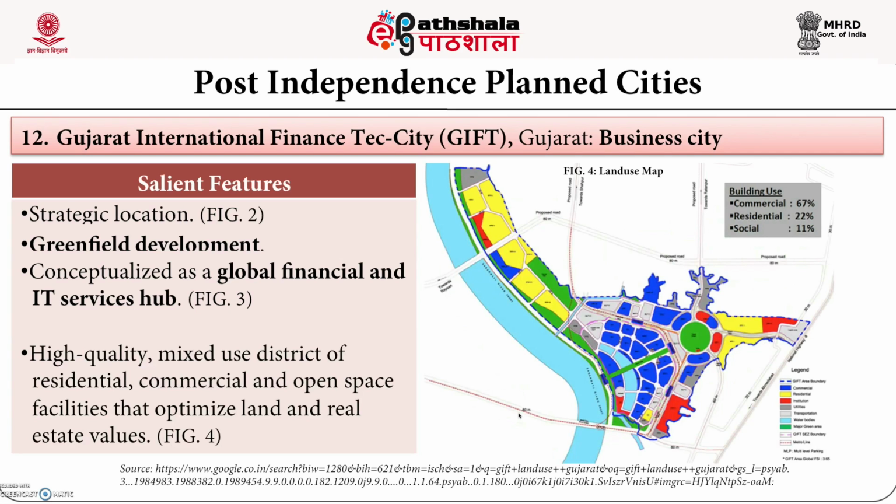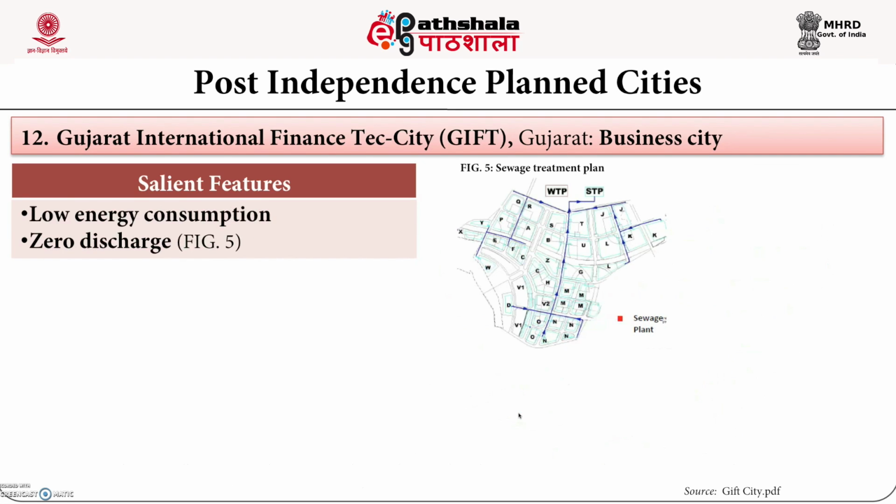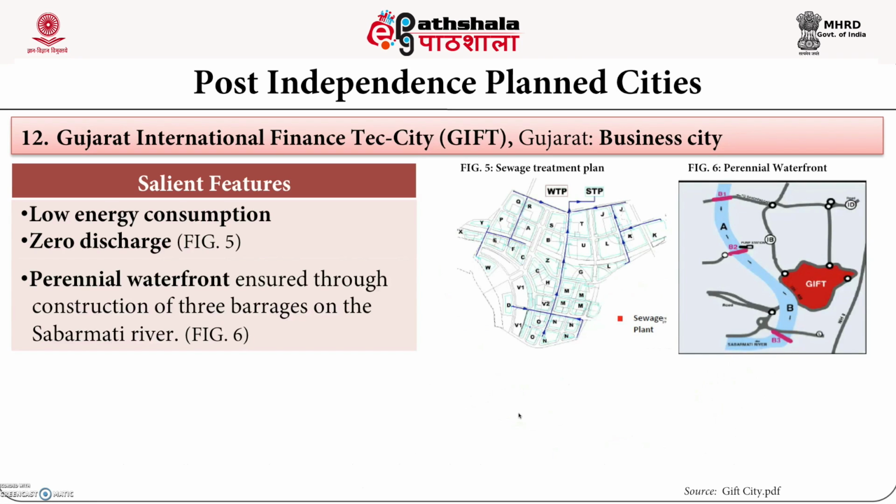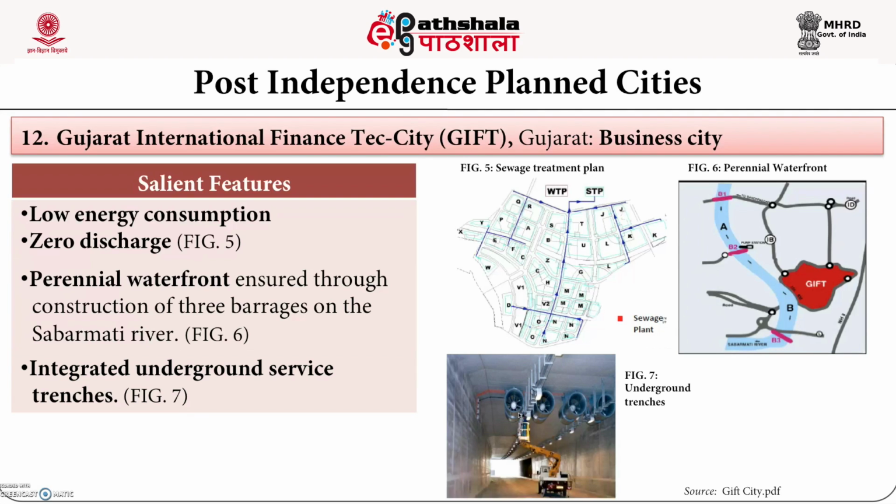Now, there are other salient features of this township. It has low energy consumption, the way it is planned. It is planned for zero discharge. The city has a sewage treatment plant and a plan for how to collect and treat the wastes. It has a perennial waterfront which is ensured through construction of 3 barrages on the Sabarmati river, and as you can see in the drawing, figure 7 shows the underground trenches.